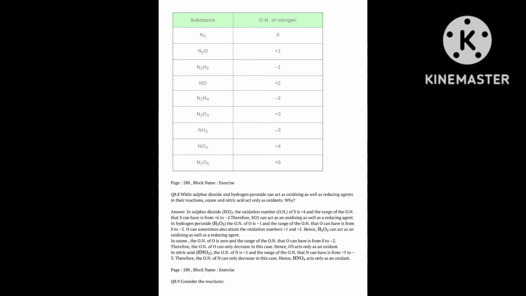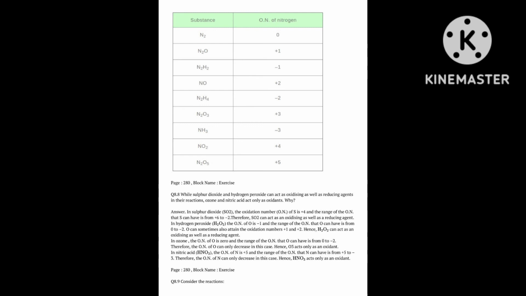Now for the charge balance, on the left side you write 2 MnO4, because I told you the total increase must equal the total decrease.